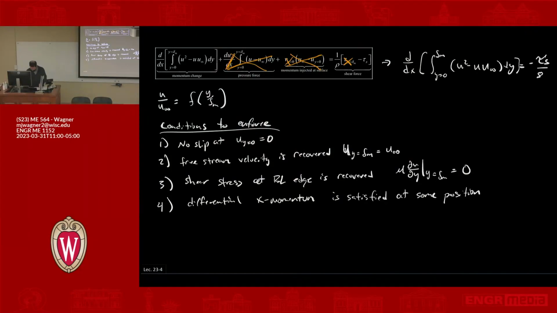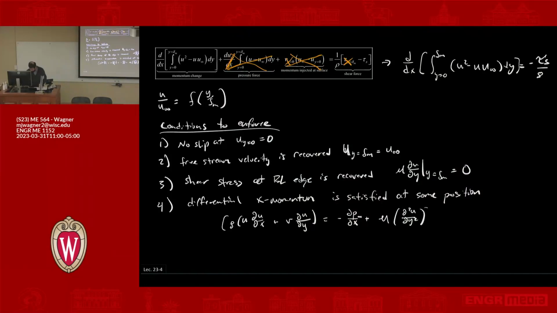You take the full momentum equation and write it out: rho times u partial u with respect to x plus v partial u with respect to y is equal to minus dp dx, p infinity, plus mu times the second derivative of u with respect to y.